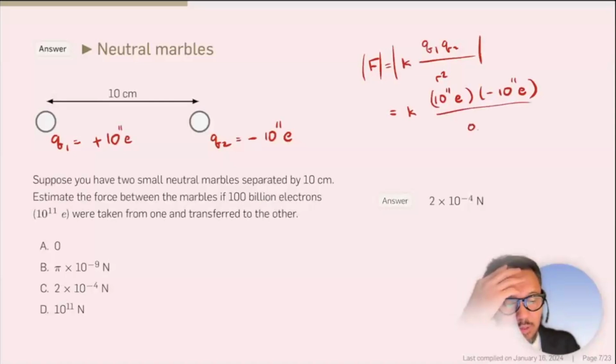And then this one is 0.1 meter square. Okay. So the value is basically 10 to the 22nd divided by K times e square.